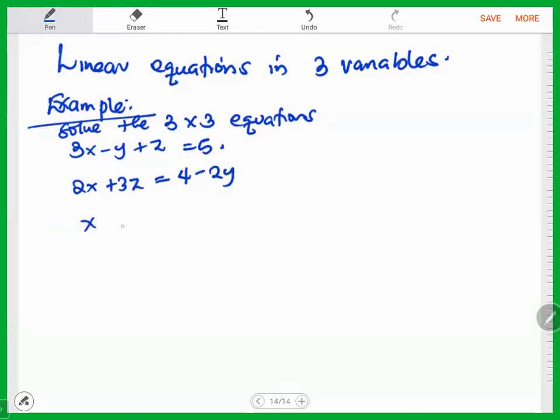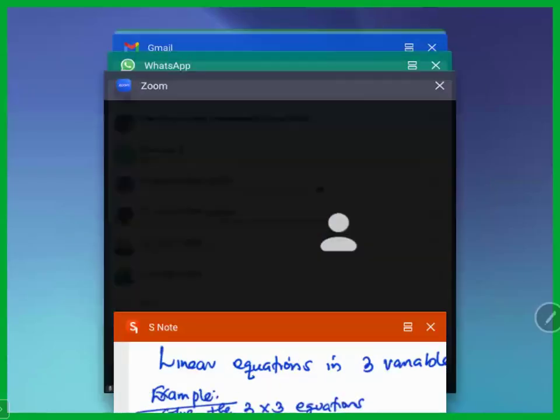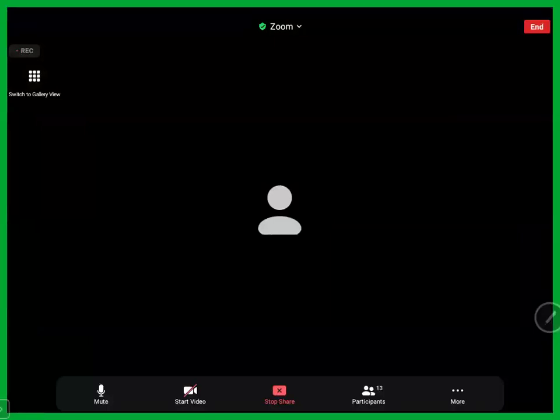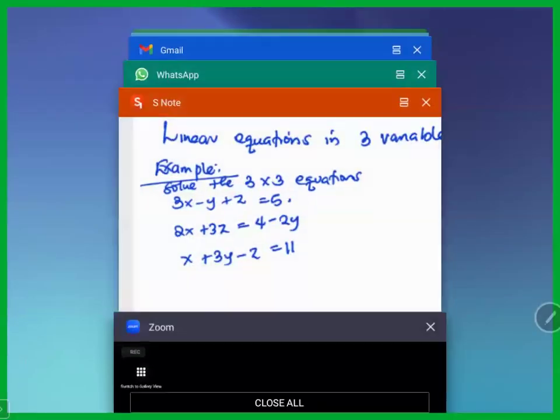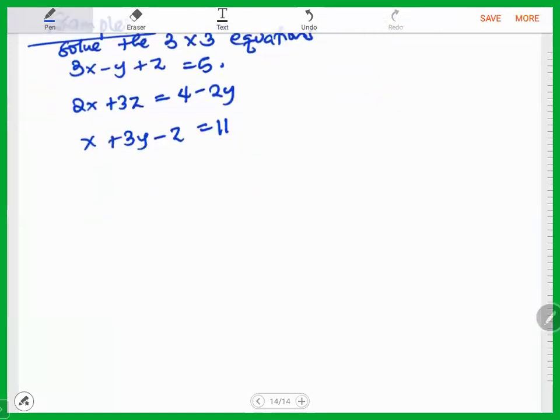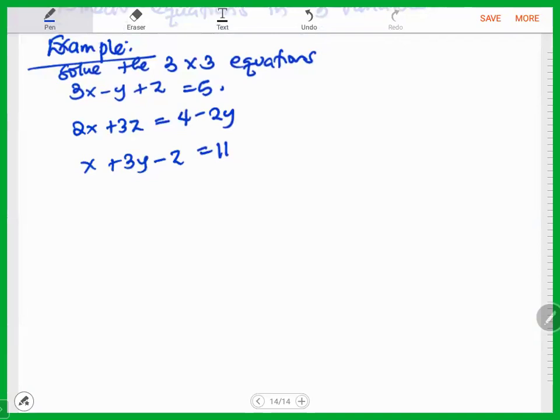We have x plus 3y minus z is equal to 11. So that is what we have to solve to obtain our x, y, and z. So we have 3 unknowns.